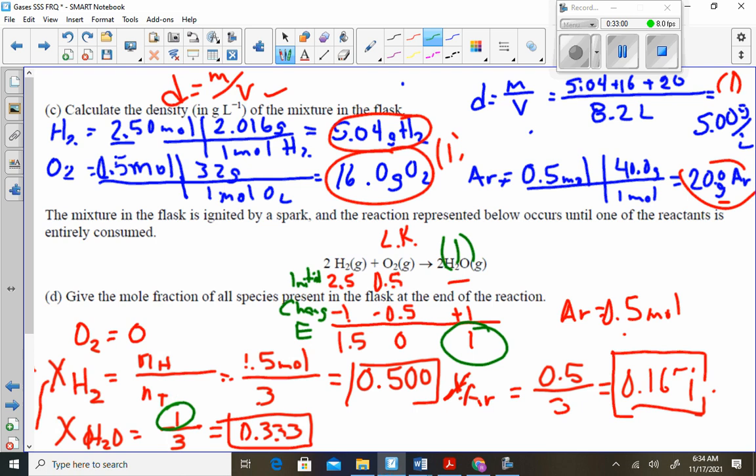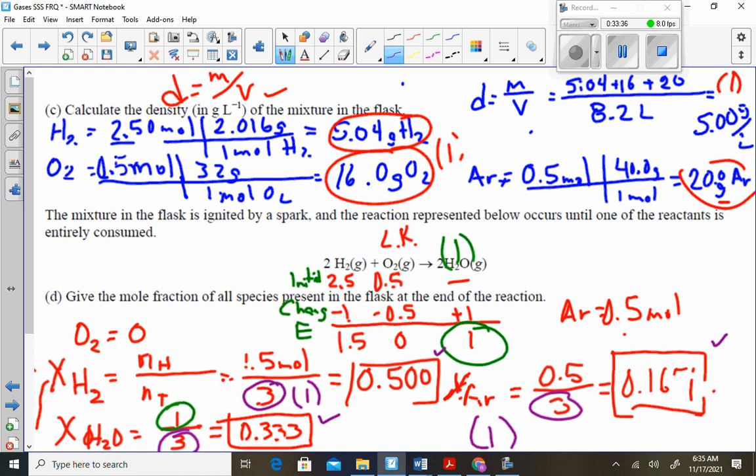If you found the total moles, so you took all of the moles and added them up, and found the total to be 3, that was the second point. And then the last point for this, you got 1 point for any 2 mole fractions, excluding oxygen. So no point for finding oxygen, but if you found 2 of these 3, you got 1 point.